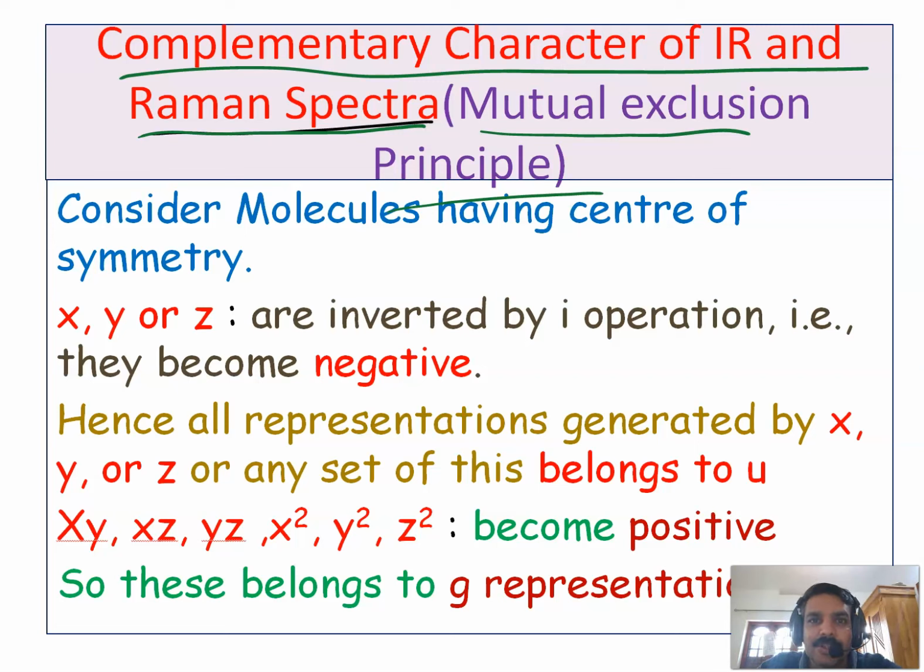That is the case of a centrosymmetric molecule, and that is called the mutual exclusion principle. In this video, we are going to explain this principle using the principles of group theory.